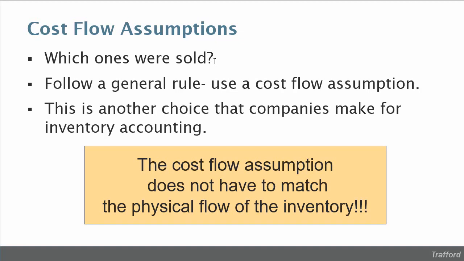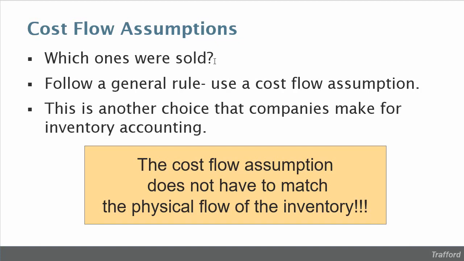Well, all of those are great assumptions. And in real life, what companies generally do is choose a simplifying assumption to assign costs to their inventory. Choice of one of those cost assumptions is another thing that companies have to do when they've got inventory.